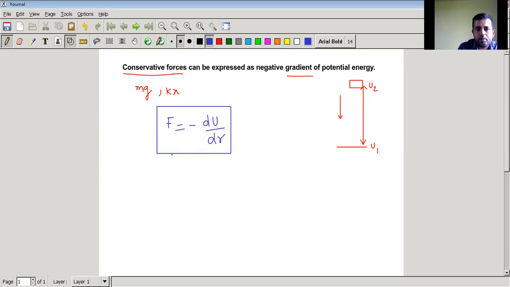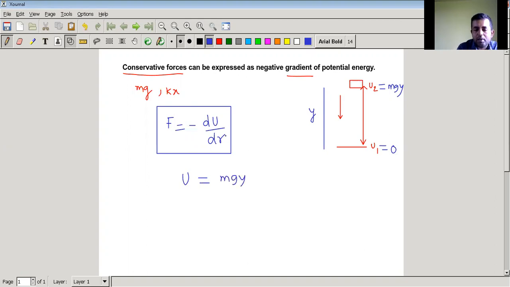Now we'll take an example to make it clear. Let us take the example of gravitational force, and let us say this distance is y. If the body is here, and this is the reference level, we know that potential energy is mgy. So the potential energy U is mgy.